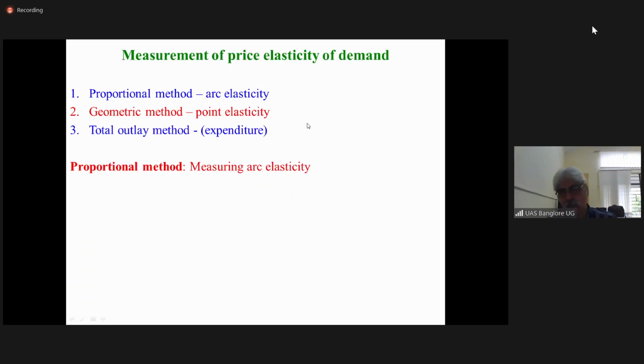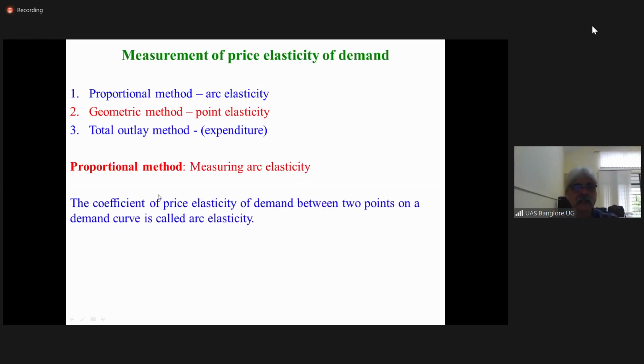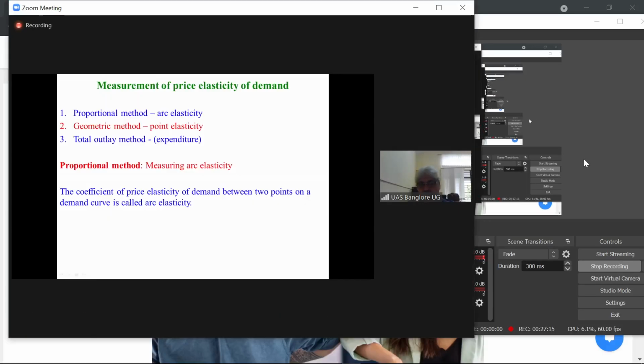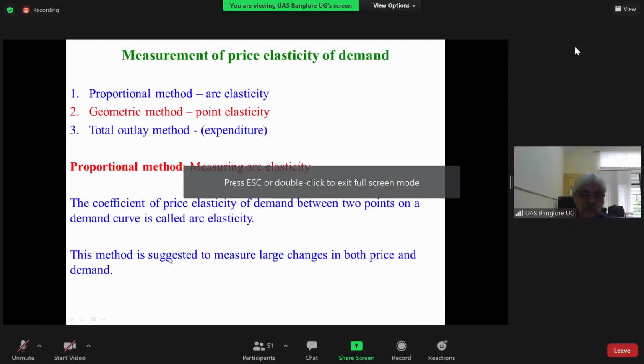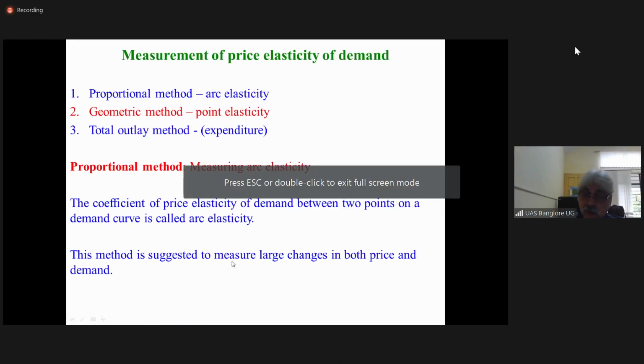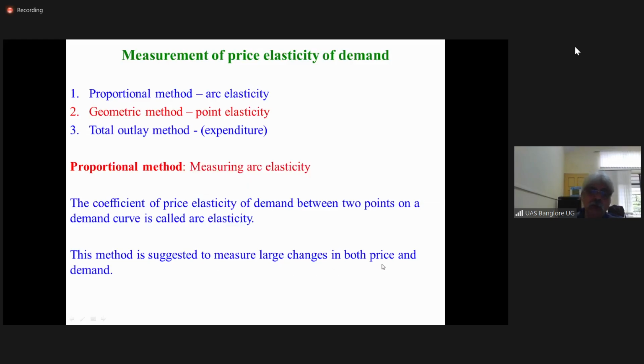I'll start with the proportional method, that is measuring the arc elasticity. The coefficient of price elasticity of demand between 2 points on a demand curve is called arc elasticity. This method is suggested to measure large changes in both price and demand.